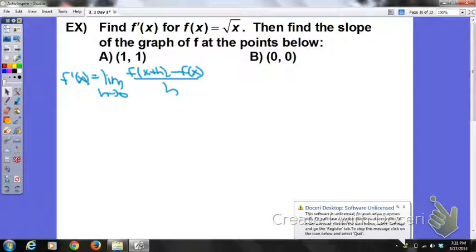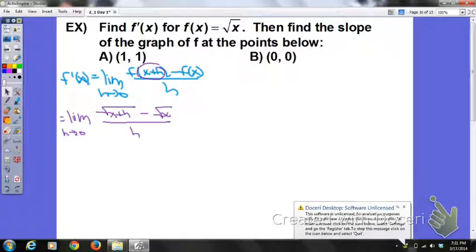Just like always, we're going to start by taking x plus h, plugging it into our original function, and then subtracting f of x. So we have the limit as h approaches 0 of the square root of x plus h minus the square root of x, all over h.